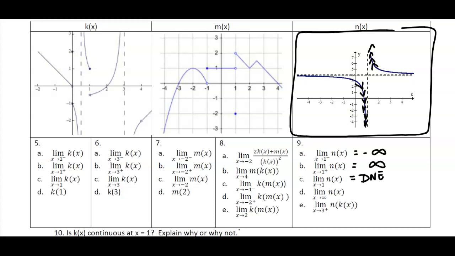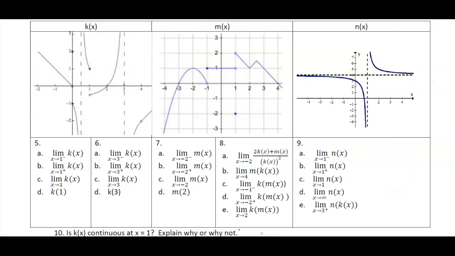Part D. Both of these were what we call infinite limits, but part D is what we call a limit at infinity. So we want to find the limit of n as x approaches positive infinity. Now that means we're going to be going to the right.